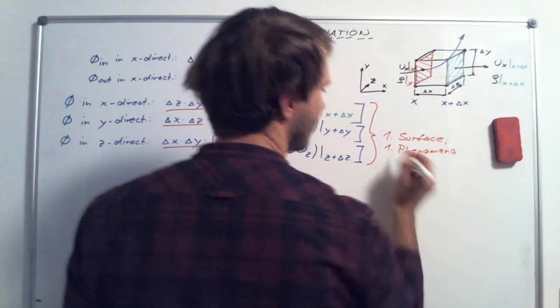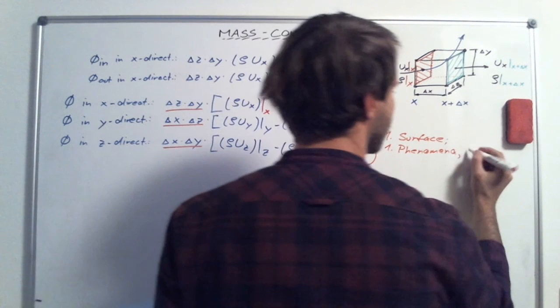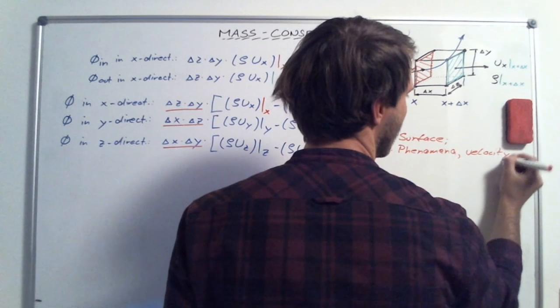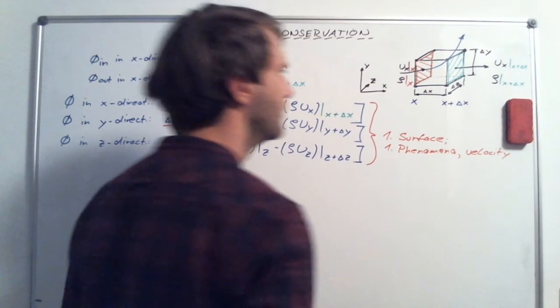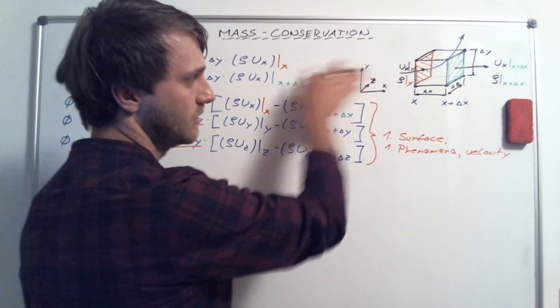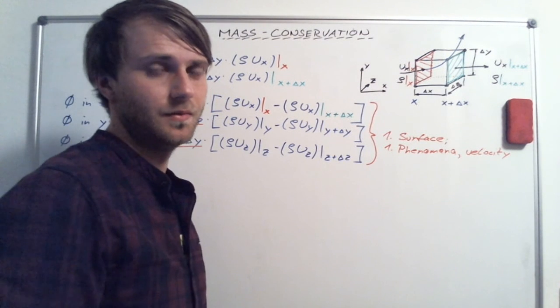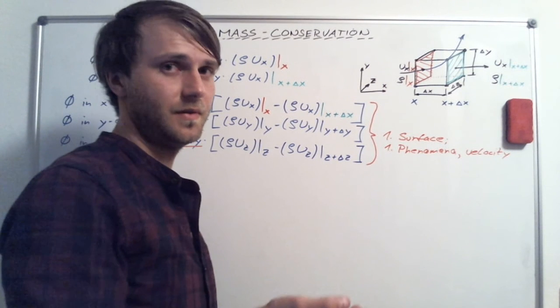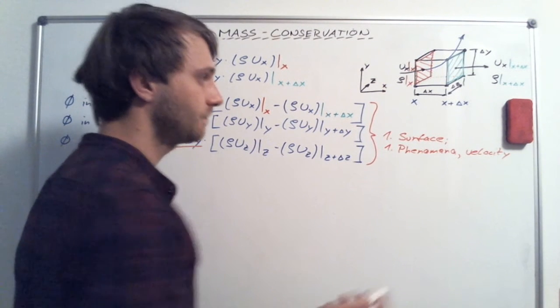You also could say it's the first phenomenon, due to velocity. I'm not sure if you can say it's a phenomenon, but I will just introduce it now. Because the mass which is going in and out is due to the velocity. If there is no velocity, mass would not enter or leave the surface.